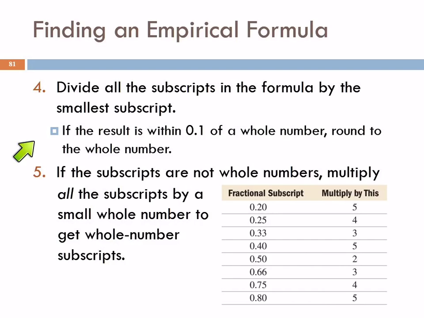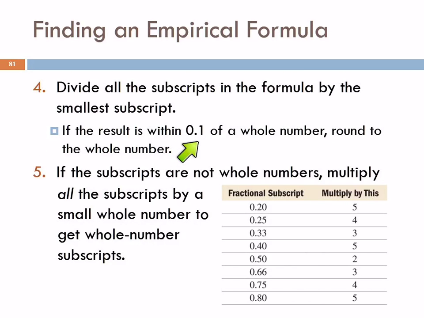Because this is from experimental data, the numbers are going to be a little bit not perfect. We're not going to end up with beautiful whole numbers because there's uncertainty in all measurements. So we need to have some criteria for deciding whether we can round to a whole number or not.